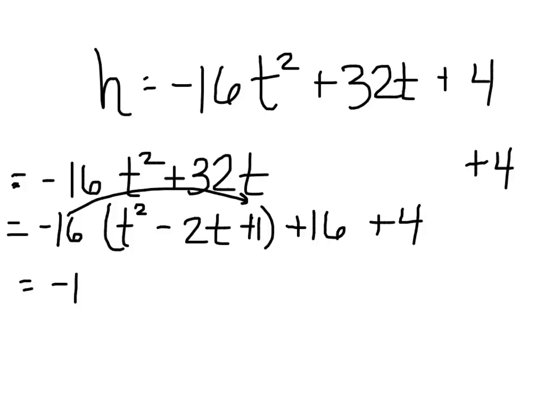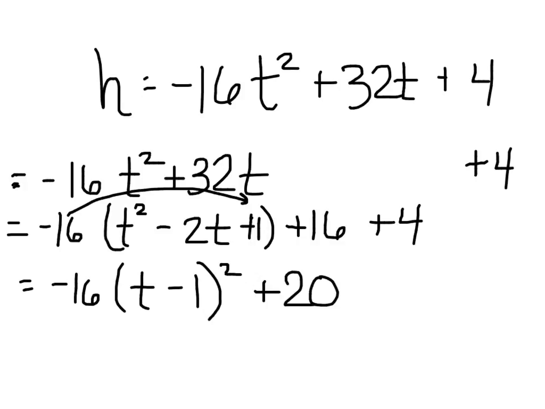Now, when I factor this, what times what gives me 1 but adds to be negative 2 is negative 1 squared. And what's 16 plus 4? 20. So, what's the maximum height of the bird? 20. Where did we get the 20 from? It's the y from the vertex form, absolutely.